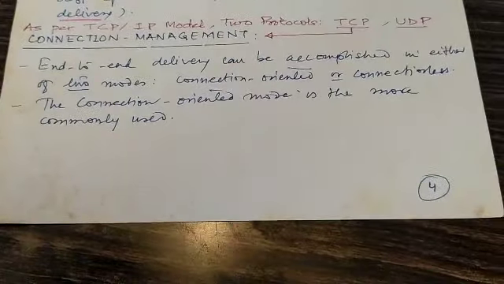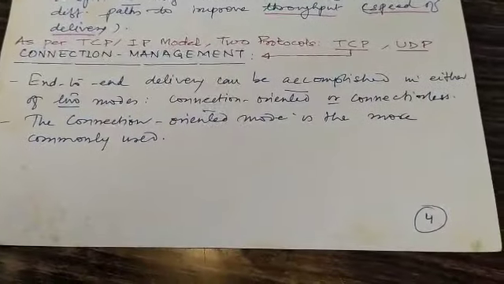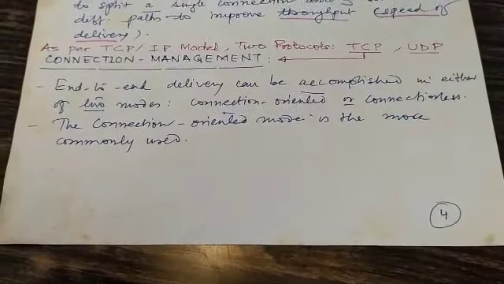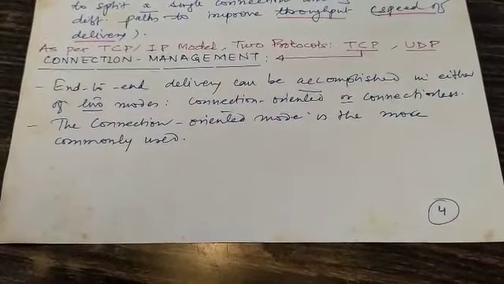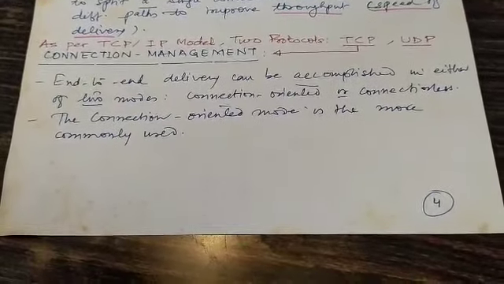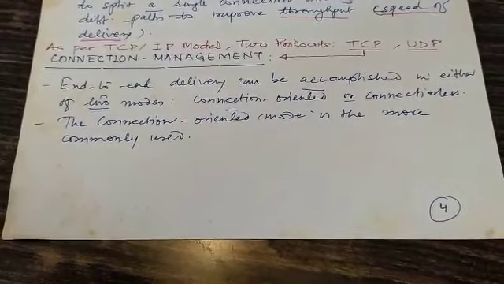First of all, we shall take up the connection oriented service and then the connectionless service. In most of the situations the connection oriented service is used, whereas in some others the connectionless service is used.